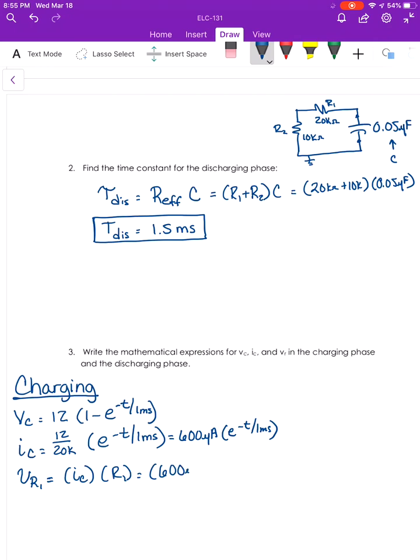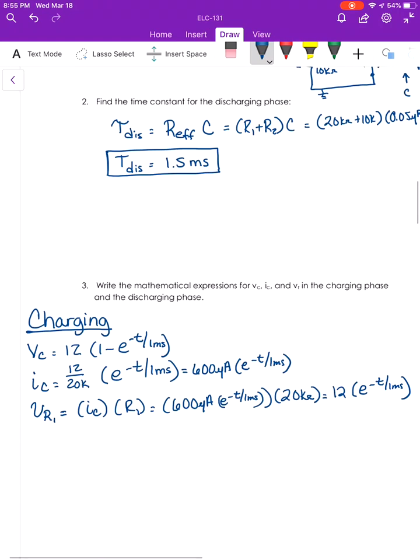So our 600 microamps times e to the minus t over tau times R1, which is 20k ohms. So that means we're starting at 12 volts and going to 0 in the time it takes our capacitor to charge up to 12.